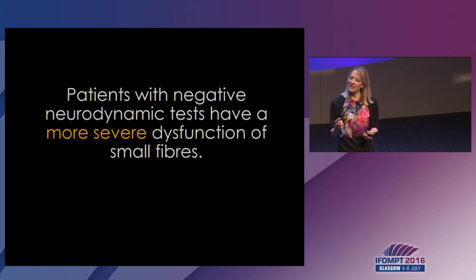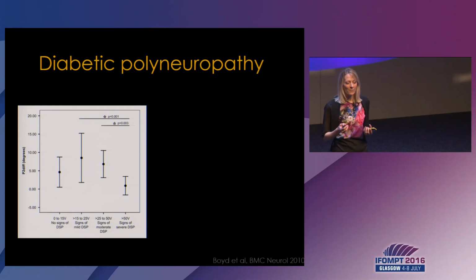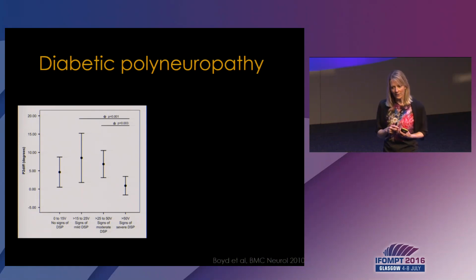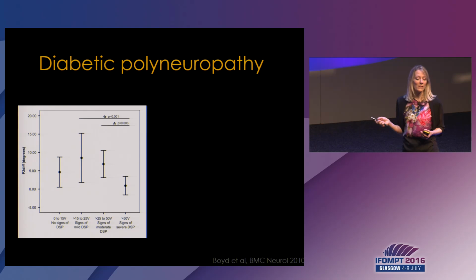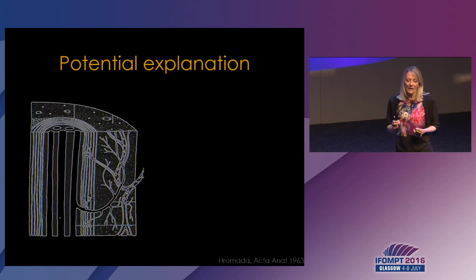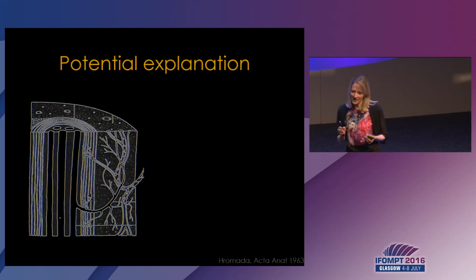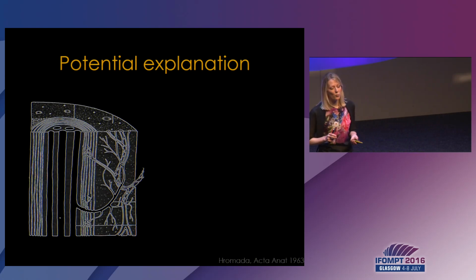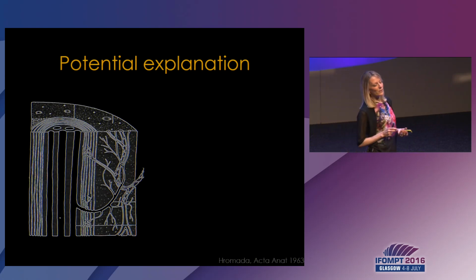At the moment, it remains speculative, but we believe that this is true simply because we are not the only ones that report that. There's an elegant study by Boyd, published in patients with diabetic polyneuropathies, and he finds a very similar pattern. The patients with severe diabetic polyneuropathy are less neurally mechanosensitive. Now, a potential explanation, as I said, purely speculative at the moment, could be the nerve in a worm.